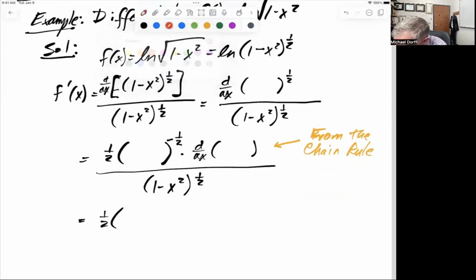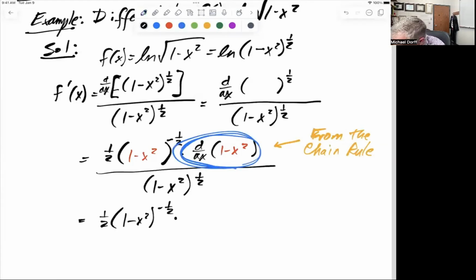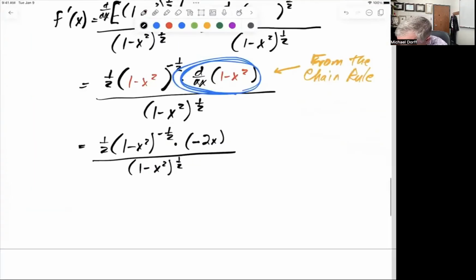All right. And so then I'm going to get, let's fill some of this in. What's inside the parentheses here? It was the 1 minus x squared. So I'm writing that in red so you can see that. And so when I do that, I'm going to now write it in black here. Now I take this derivative here, I'm circling in blue, and that derivative is going to be minus 2x. That's all over the denominator. Oops. And now I've got this here with this negative 1/2 exponent. Let's put that in the denominator.